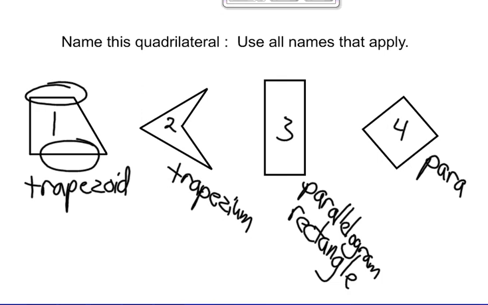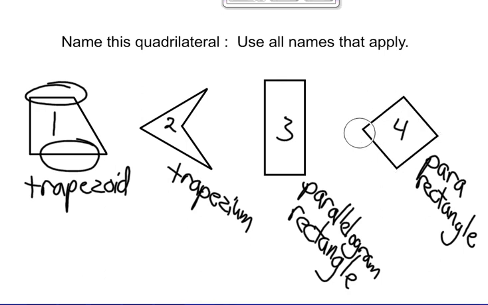Next, we're going to look at angles. And we got a right angle, right angle, right angle, right angle. So it's a parallelogram, 2 sets of parallel sides, and it's a right angle, so that means it's a rectangle. We can also look at the lengths of the sides.